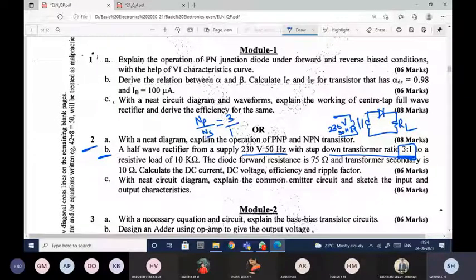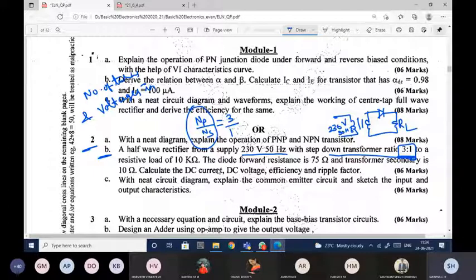Now can you tell me what is the relationship between the number of turns and voltages in the transformer? Anybody can tell me? You have studied everything related to this, right? Yes, ma'am?